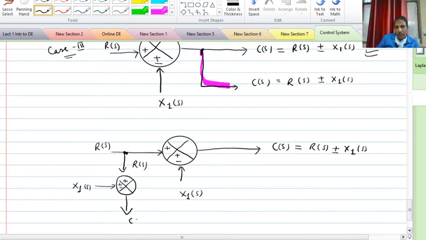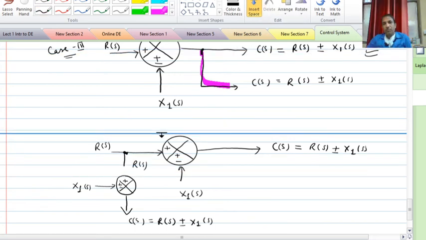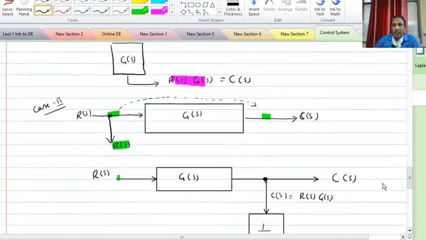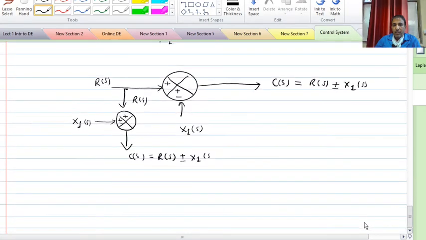So this one is again the same, this is your RS plus minus X1S. So we have to add another summing box here.